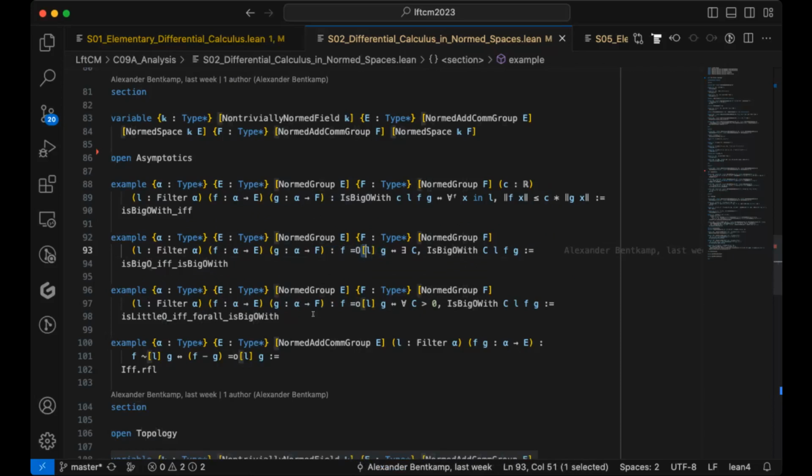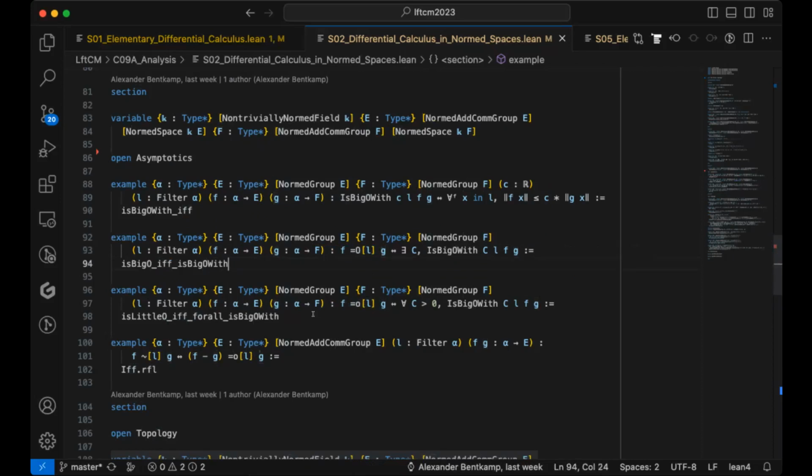This is the big O. L is a filter. So filters are this way of not having to separately deal with limits of maybe you're going off to plus infinity, or maybe you're taking a left-handed limit at a point, or who knows. Or maybe you're talking about a sequence and you want to talk about the at-top filter on the natural numbers. So again, reasonably general setup, but it allows us to do things once rather than many times.